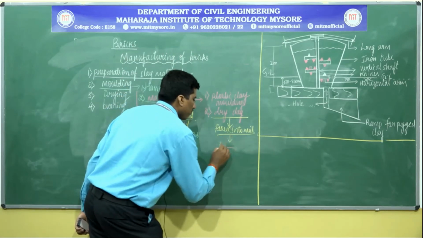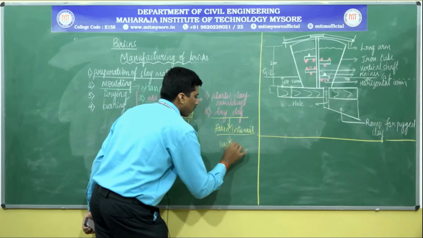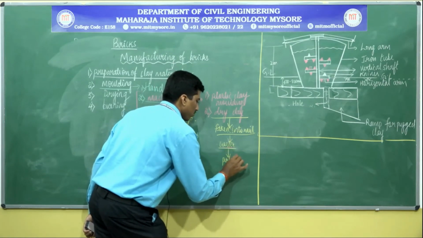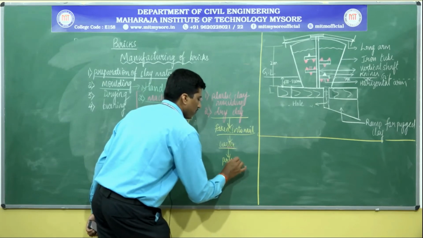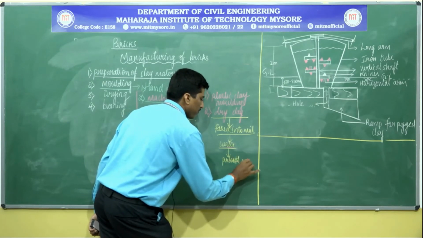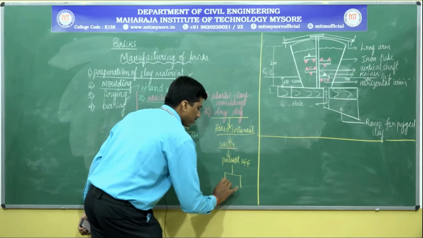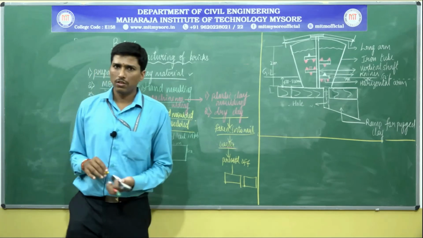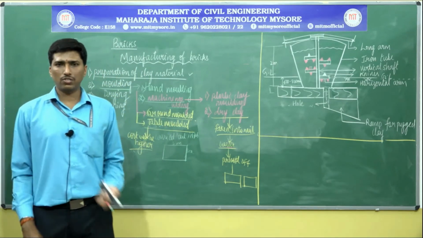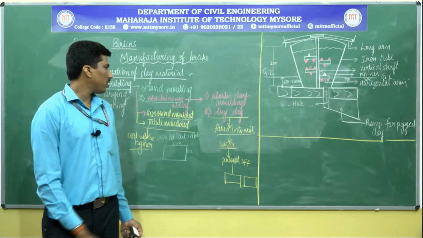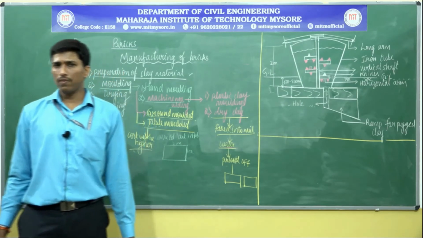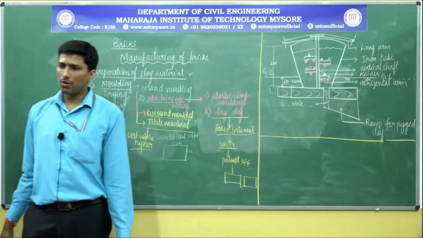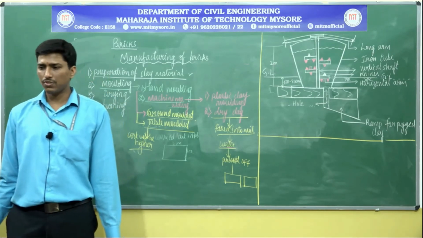Only an optimum amount of water is added to the required extent. Then it is pressed, and you get the bricks when it is pressed on a mold. That is for a large scale extent. We call it dry clay, or machine molded bricks. These are also called pressed bricks.